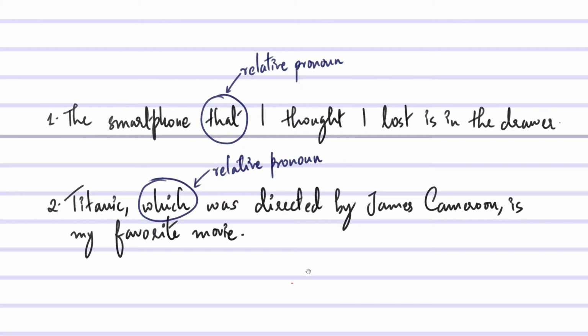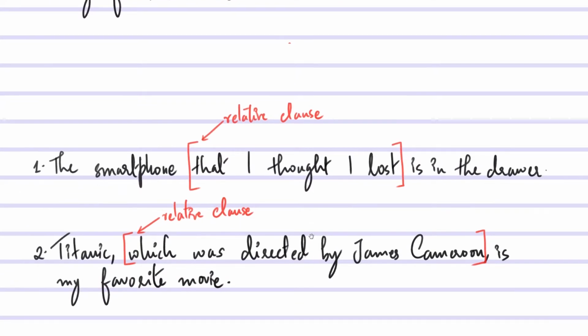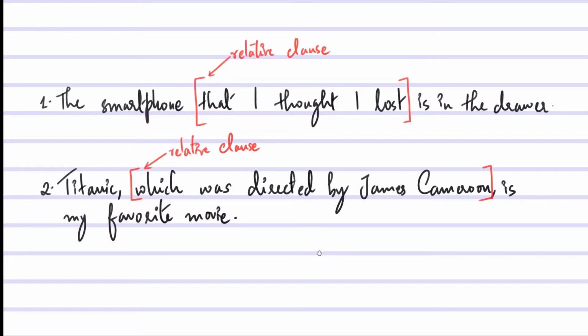Now look for the relative clauses, the clauses which contain these pronouns. So the first sentence, the relative clause is that I thought I lost. While in the second sentence, the relative clause is which was directed by James Cameron.